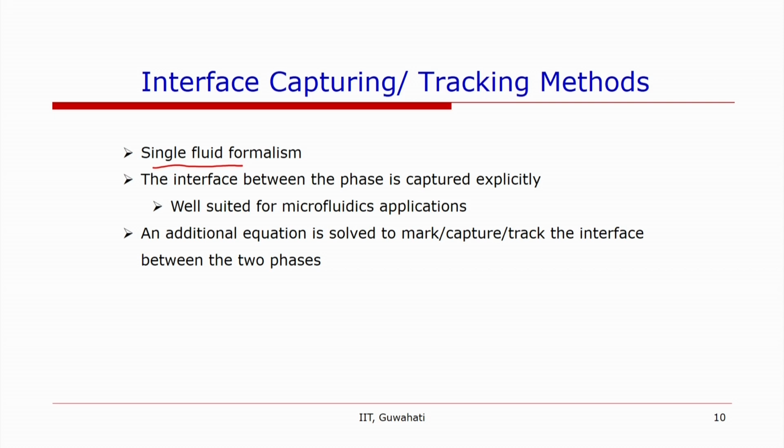Even though we have two fluids, only one set of conservation equations is solved, and the interface between the two phases is captured explicitly. Such a case is well suited for microfluidic applications, when we have one droplet or a few bubbles going in the channel, and we can capture the flow behavior, the streamlines, the bubble velocity, the droplet velocity, the heat transfer, and so on.